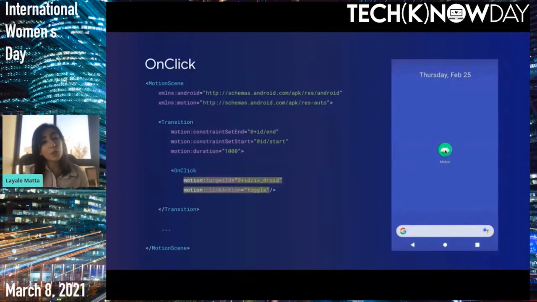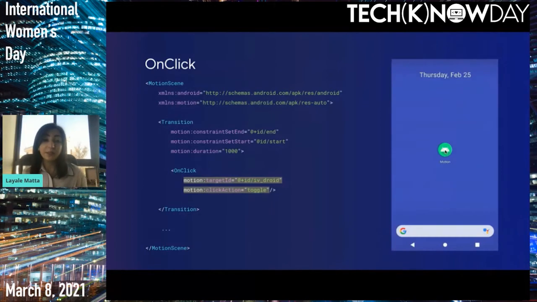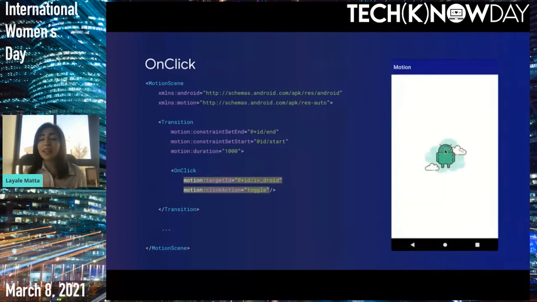But the most common way is to add a target ID attribute to the on-click tag. So once the user clicks on the widget with this ID, the transition is started. We can have many on-clicks for many transitions in a motion scene file.